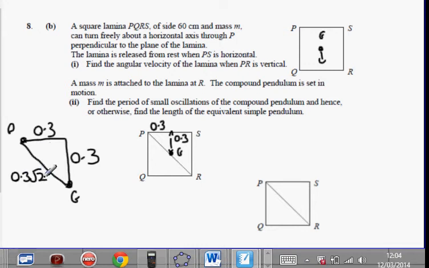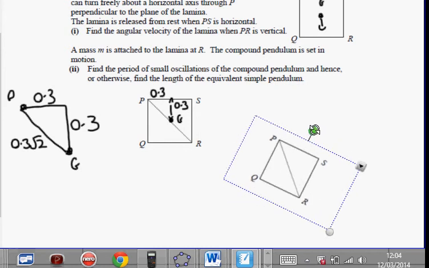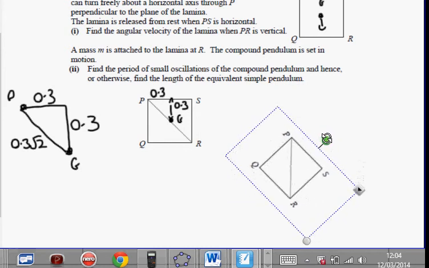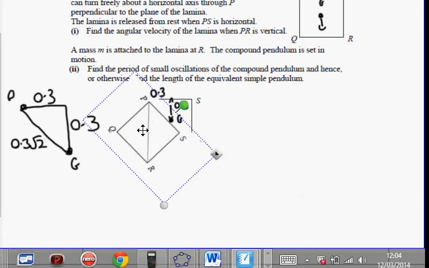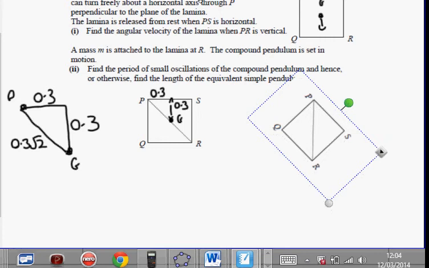What happens is, it's fixed at P, so if I put P at the same level, you can see the centre of gravity has actually fallen a small amount. If the centre of gravity falls downwards, that's what causes the rotation. So that's what we're looking at.